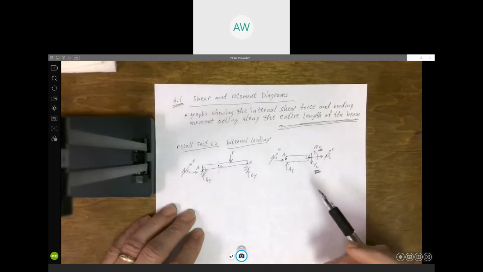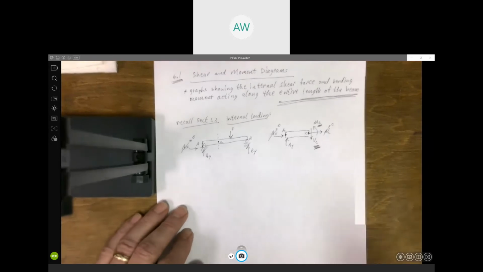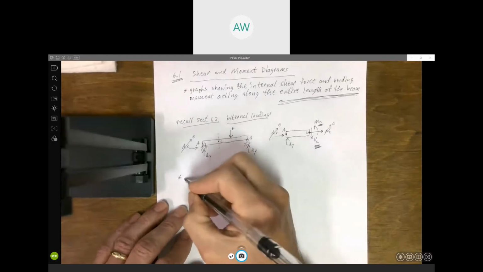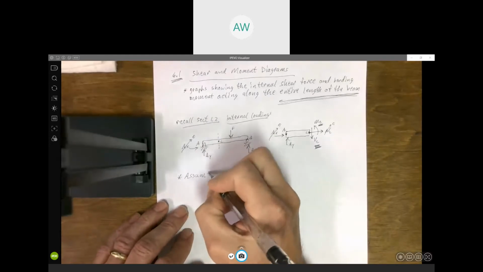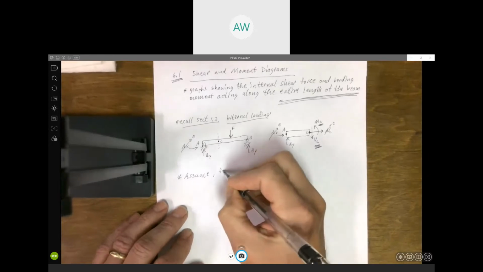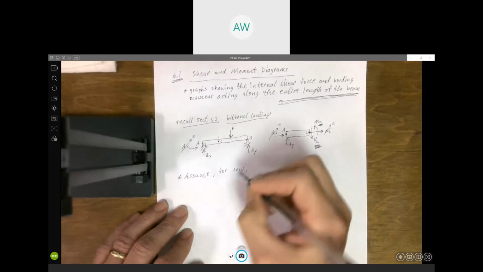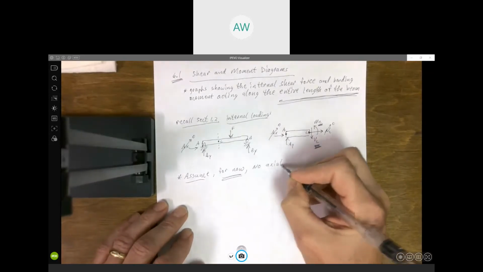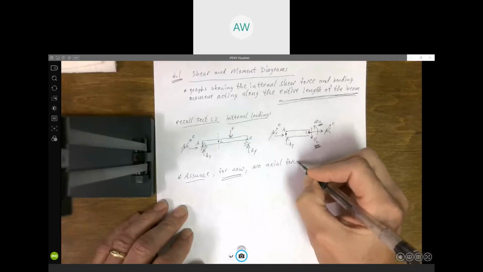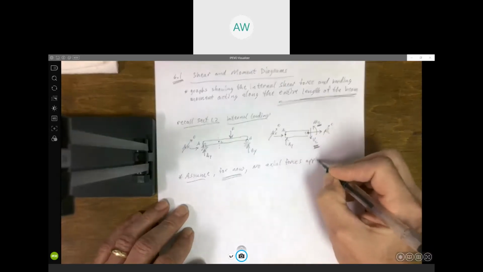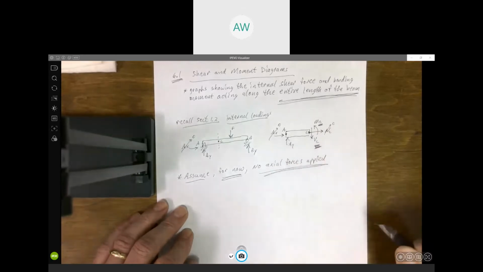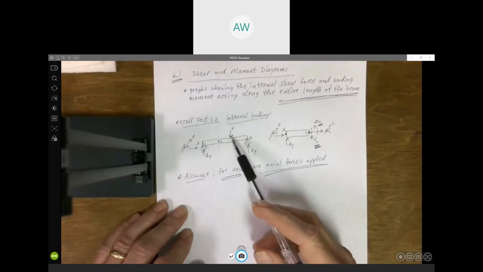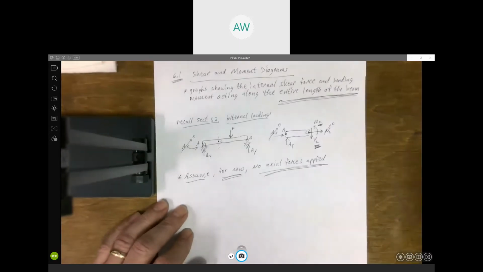It's from that diagram. Now, two last little things and we'll quit. One, we're going to assume for now that we have no axial forces applied. So a force like F here that's perpendicular to the beam, that's fine.